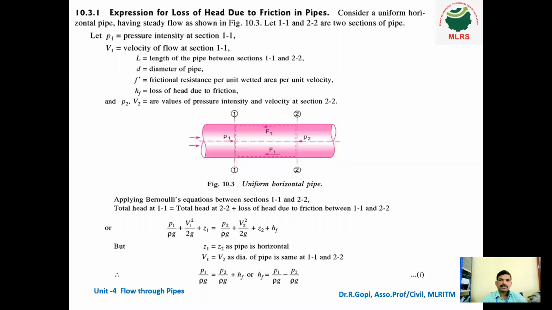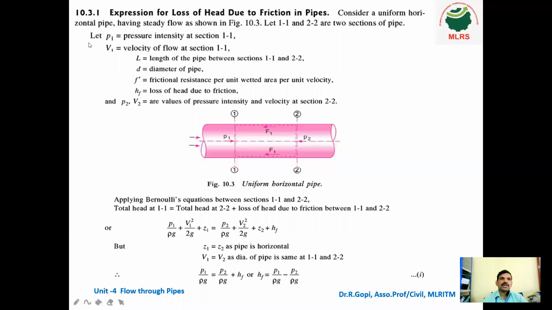So let us see how to arrive at the formula. Consider a uniform horizontal pipe having steady flow. So this is a horizontal pipe. Uniform means uniform diameter. Here I have taken two sections, section 1-1 and section 2-2.